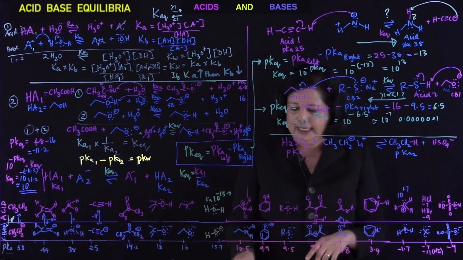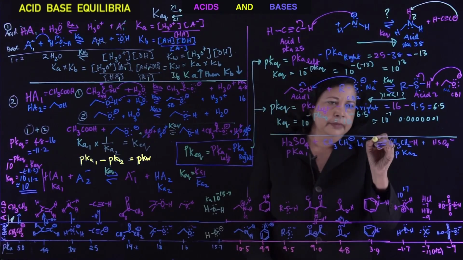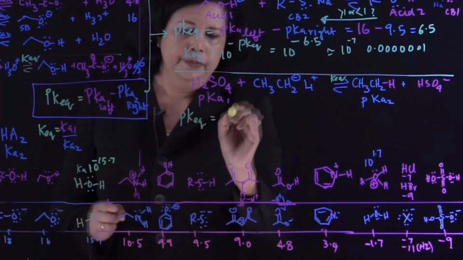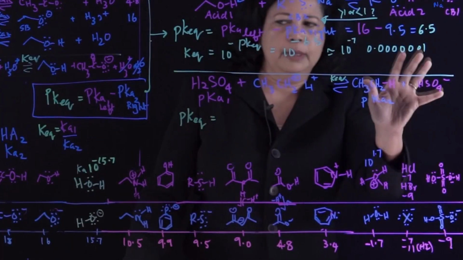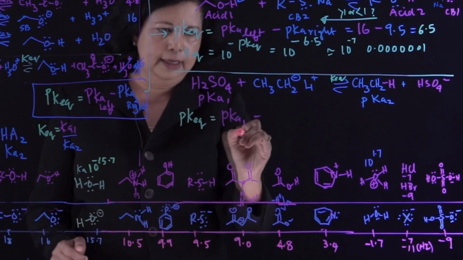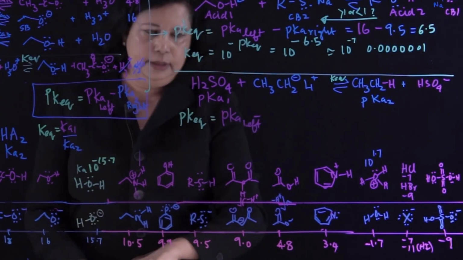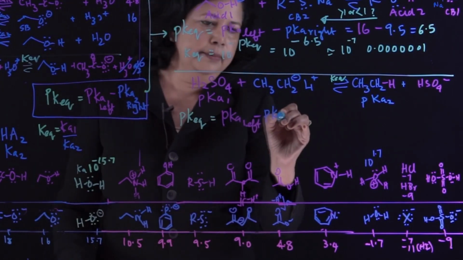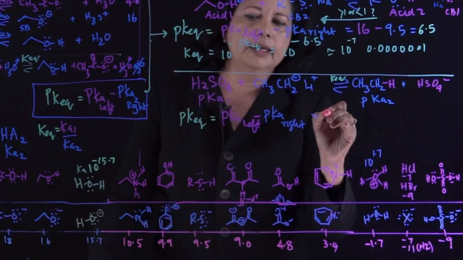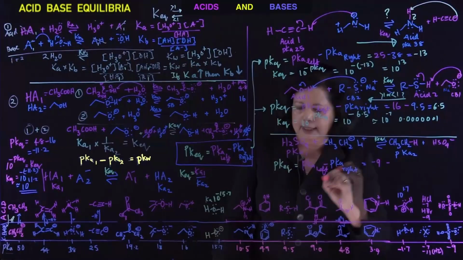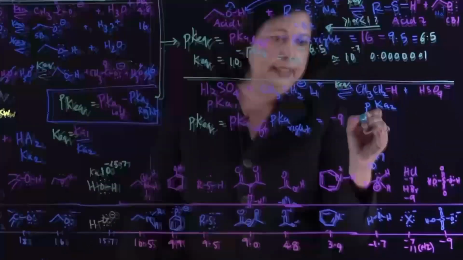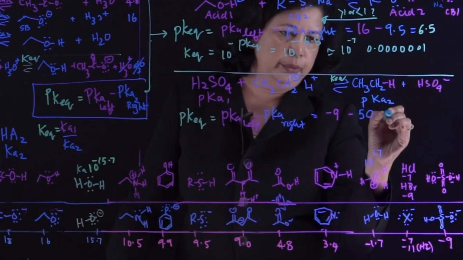So let's do a K equilibrium here. pK equilibrium is going to be left-hand side acid minus right-hand side acid, pKa left minus pKa right. So that's going to be minus 9 minus 50. That is going to be huge.